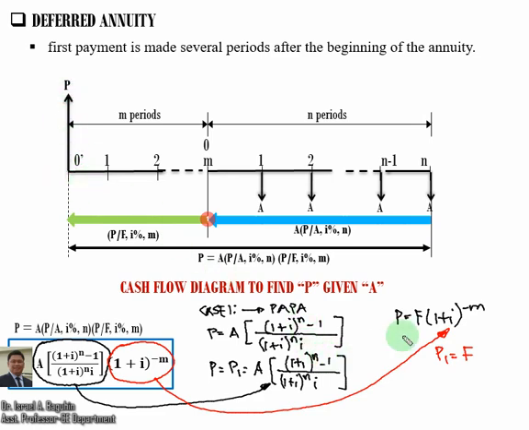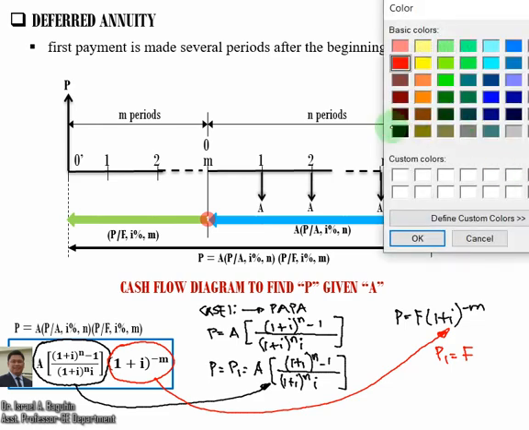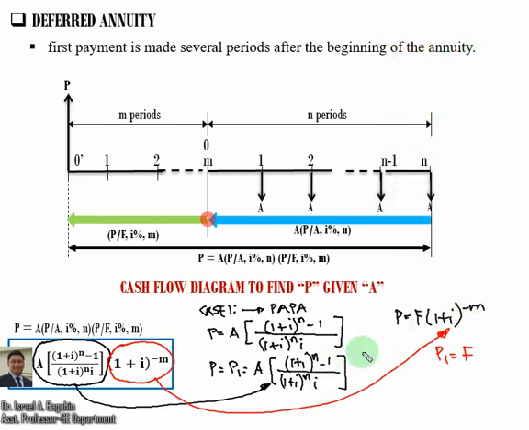Since this P is equal to this P from period 0 prime, we can say that P is equal to F, and our F is equal to P1. So this would be equal to A times the quantity (1 + i)^n - 1 all over (1 + i)^n times i, times (1 + i)^-m.